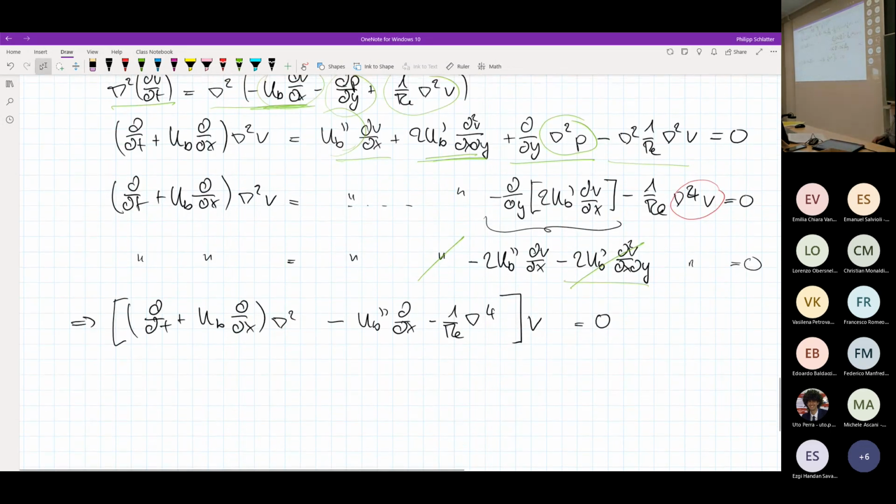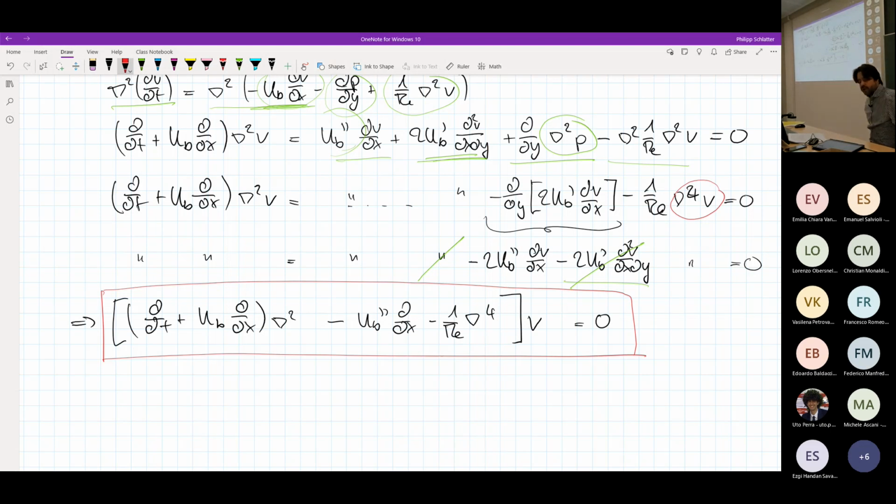So at the very end, you end up with this equation, and this is now one of the major achievements. It's not fully the result that we want, but we have now an equation for v, so the disturbance of v, written as a function of only v.